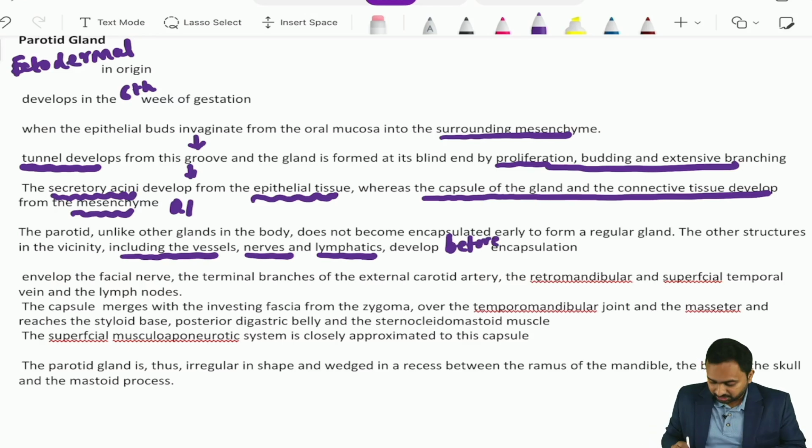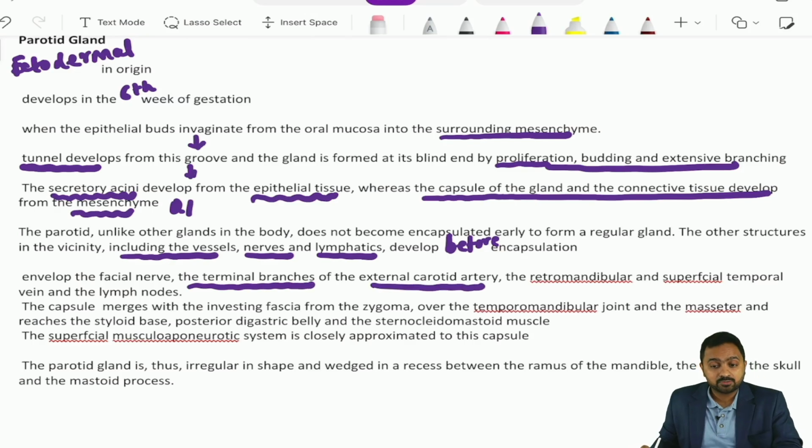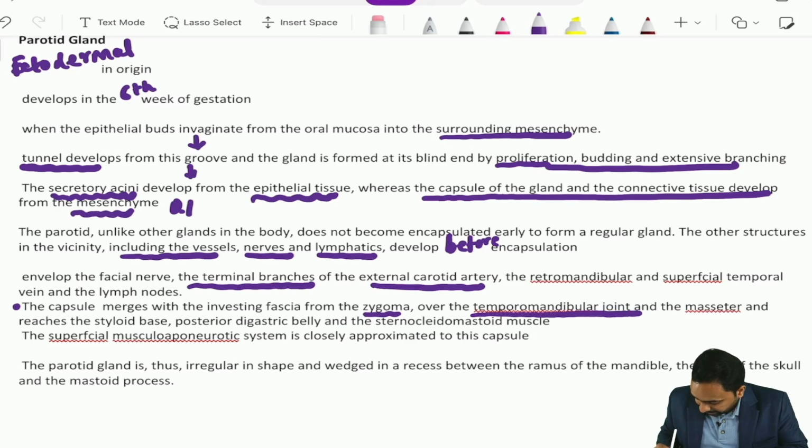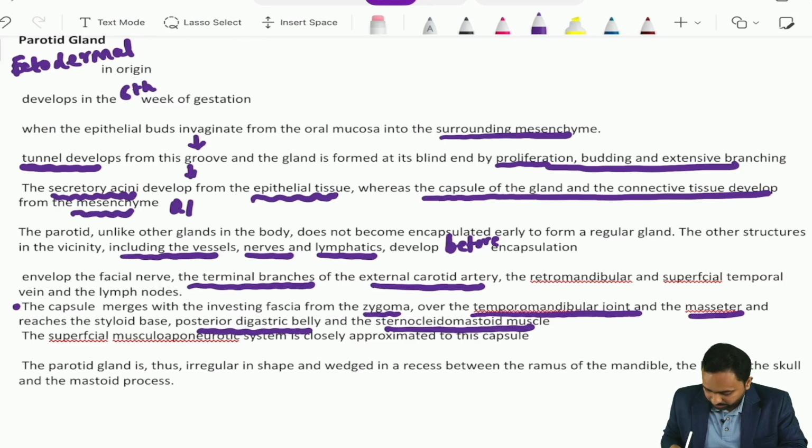They envelop the facial nerve, terminal branches of the external carotid artery, retromandibular vein, superficial temporal vein and the lymph nodes, and this capsule also merges with the investing fascia from the zygoma over the temporomandibular joint and the masseter, and reaches the styloid base, posterior digastric belly and the sternocleidomastoid muscle.